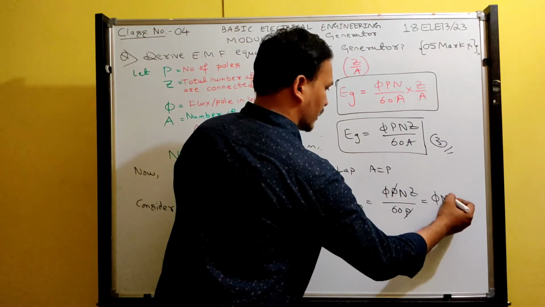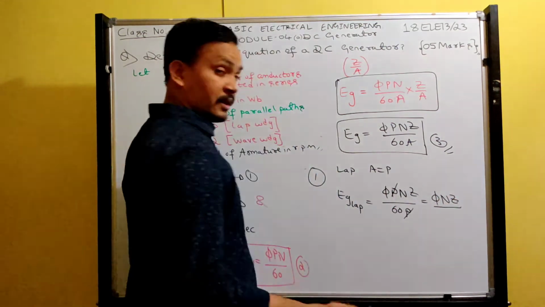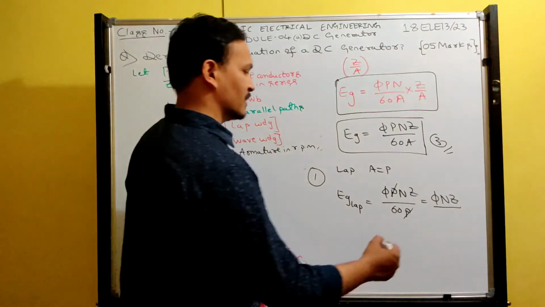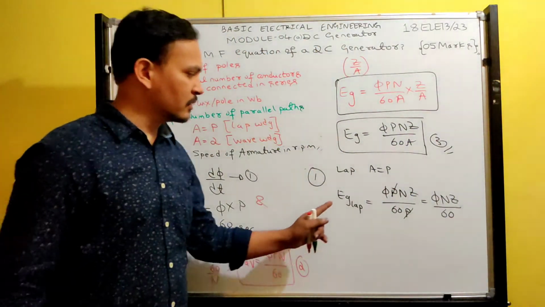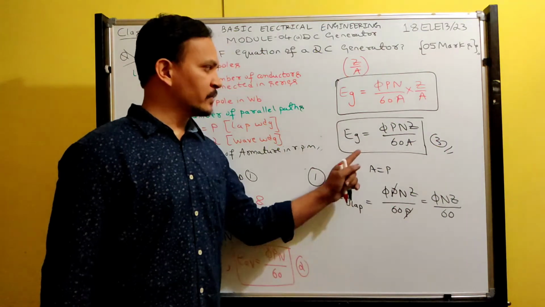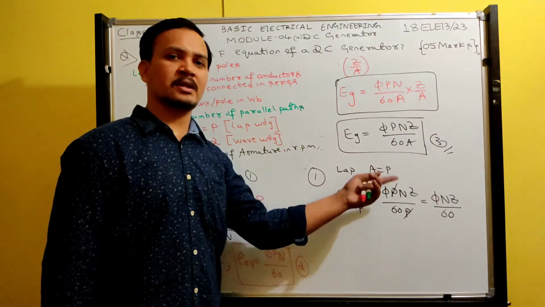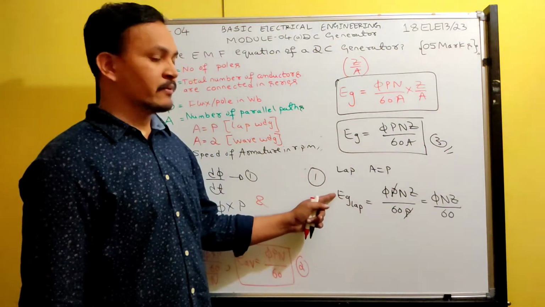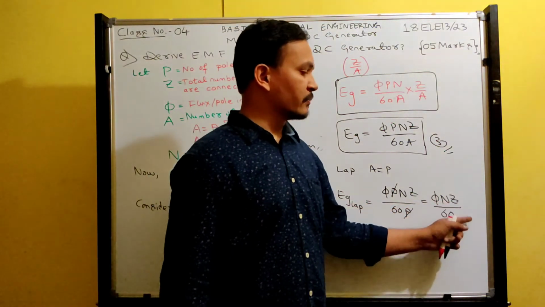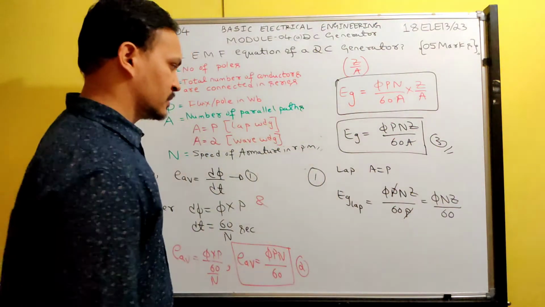Therefore, the EMF generated if the machine is lap connected is phi N Z by 60. The earlier equation is applicable for both lap as well as wave, but this one is only for lap winding. EMF generated in lap winding is phi N Z by 60.